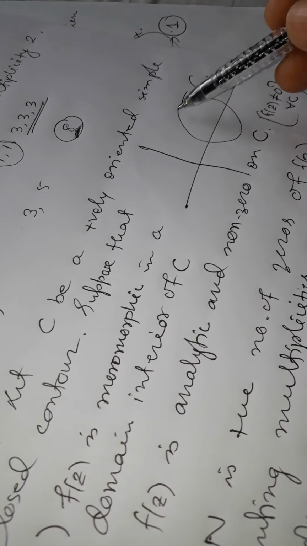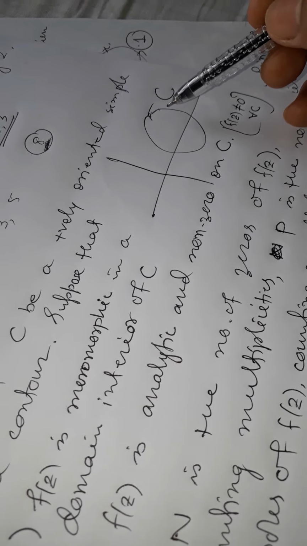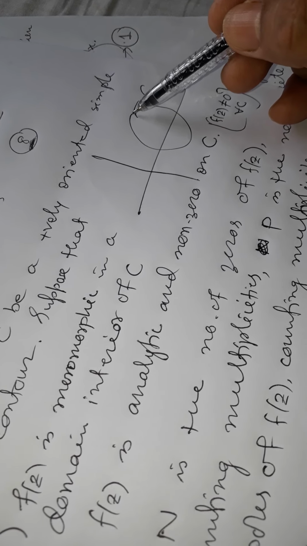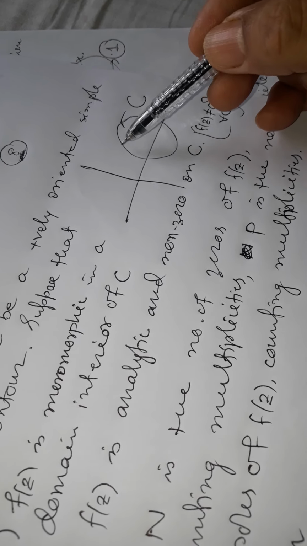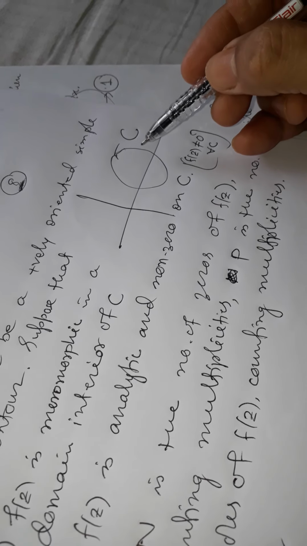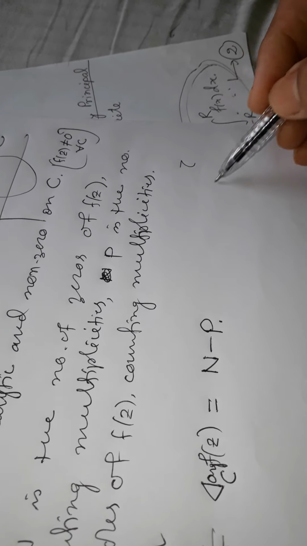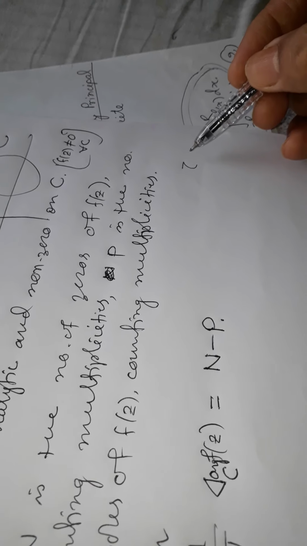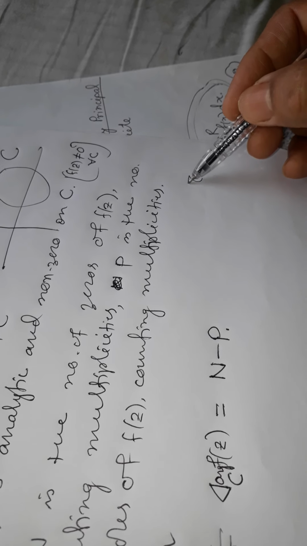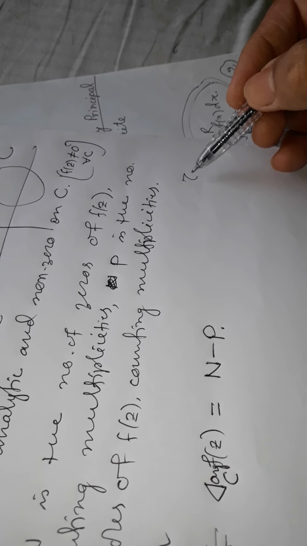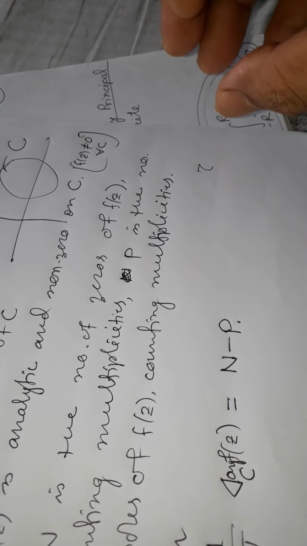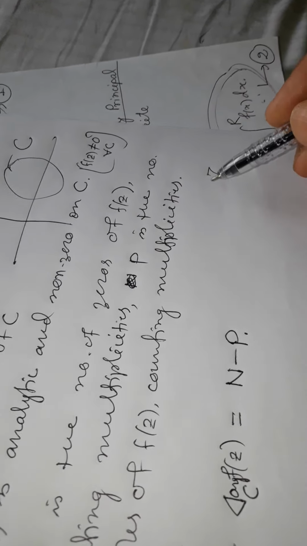We have the positively oriented simple closed contour C, and if we take the parametric form of C and vary t over C, then the image curve will also change, and that will be a closed contour, not necessarily simple. The change of argument of f(z) is given by 2 pi times the number of rotations of this curve, that is, how many times it has rotated.